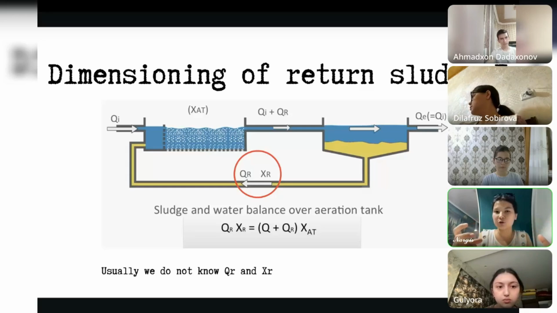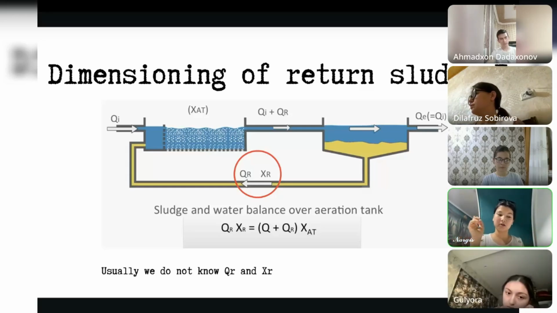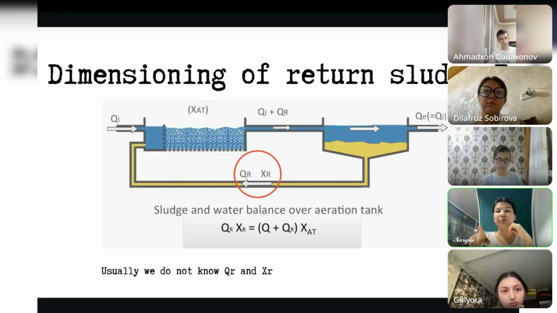So what do we have to do? We should put another clarifier. We looked at clarifiers yesterday, if you remember, and some of you should send me homework on dimensioning these clarifiers. The basic purpose of clarifiers is to separate liquid from the solid, right?